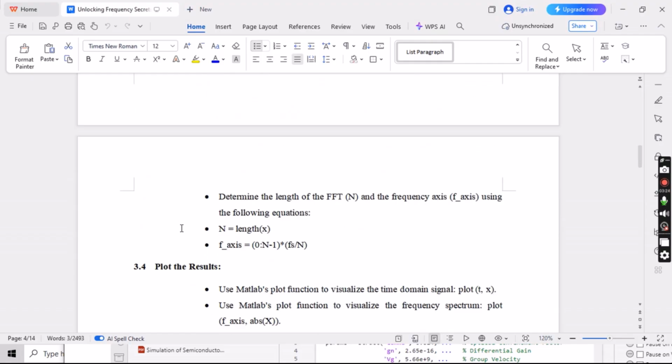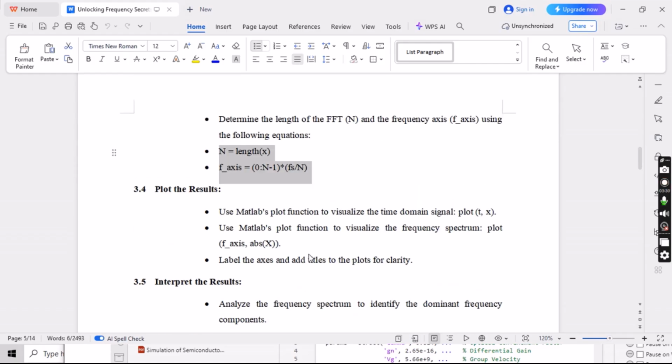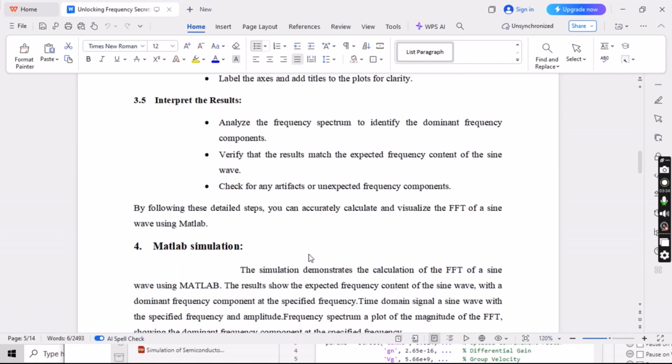Then the calculation of the FFT using these equations, plotting the results and interpreting the results.